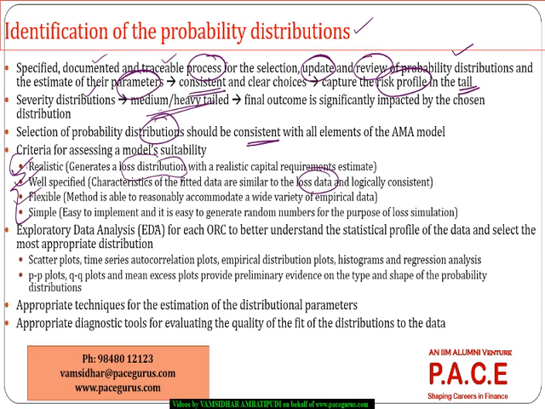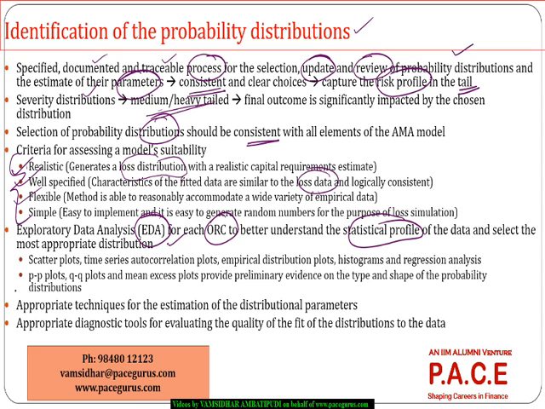And as a process, we should be able to perform exploratory data analysis for each ORC, which means in-depth analysis of each and every ORC, get a good hold of the statistical profile of the category, and based on that come out with the most appropriate distribution.